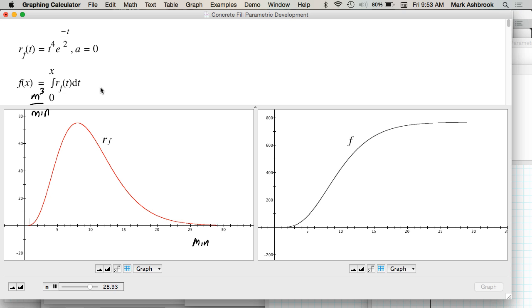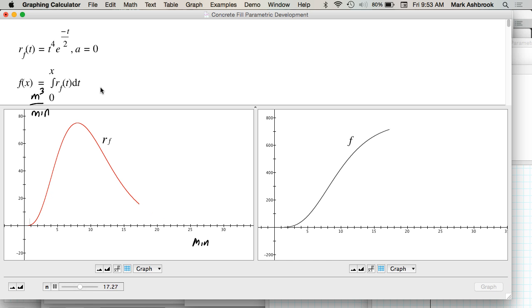Maybe there's a real-world situation where the time element is less important and just operating in the background. We're interested in what the rate is, not at a given time, but at a given volume of concrete. Maybe that's of interest to the construction crew.